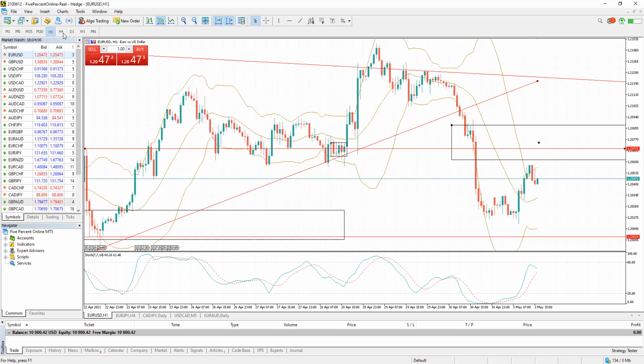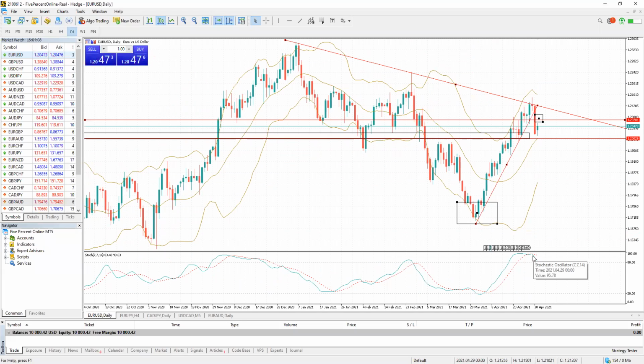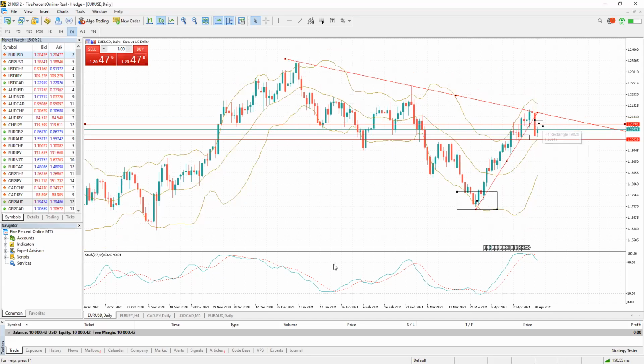That's the first thing. Even on the daily, I think the stochastic went maybe above 100 and made a cross. So let's check. For the moment, only hold and see what we can get.